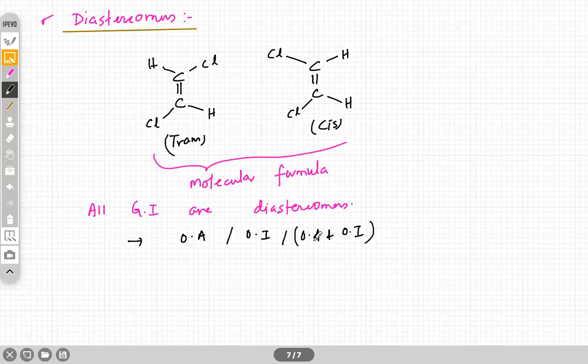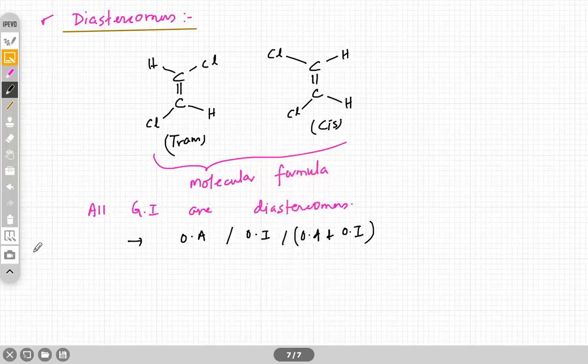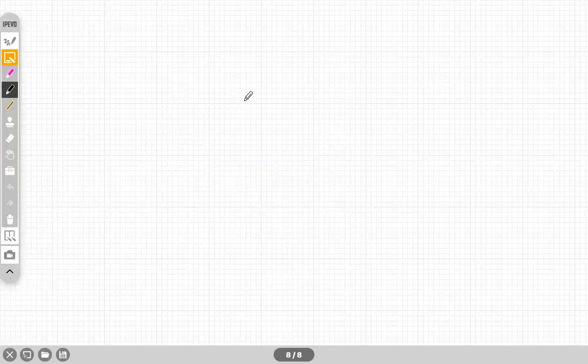Okay. Now another thing is, if you have a molecule, like if you see this molecule. I'll give you some examples here, and with that only we'll discuss. Enantiomers are non-superimposable mirror image, right?